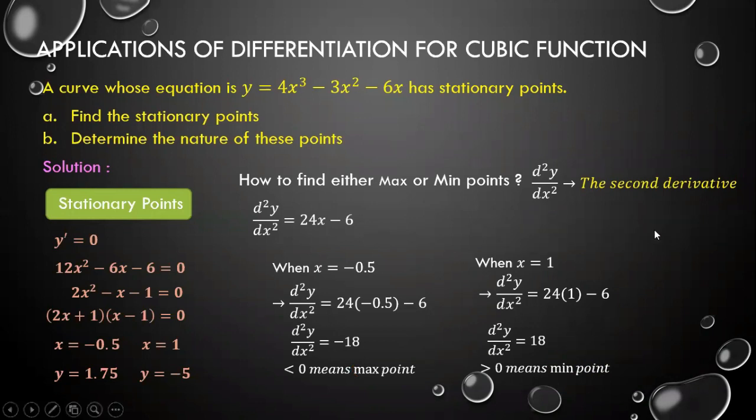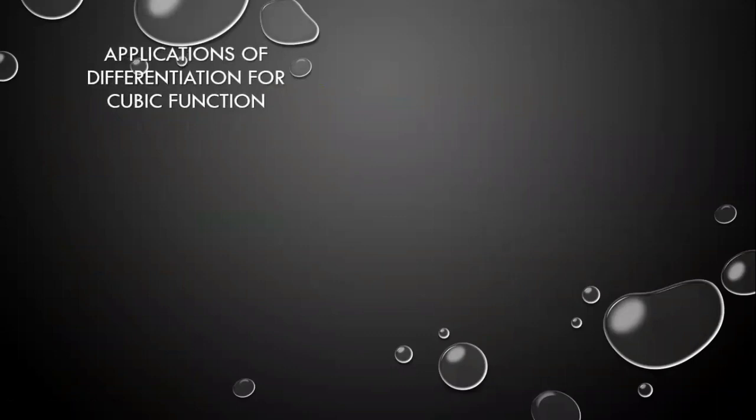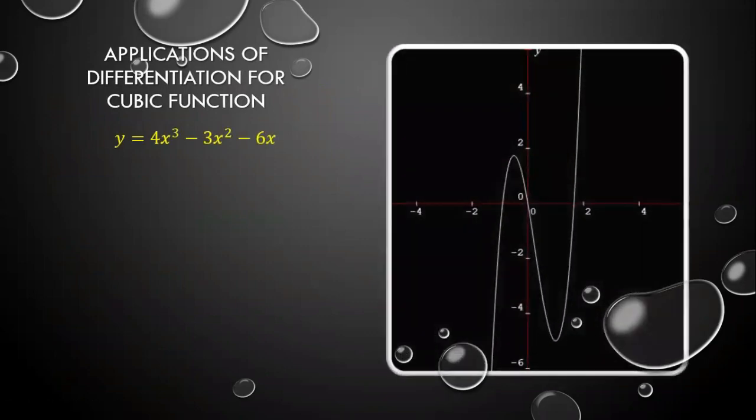Okay, so let's go. The application of differentiation for the cubic function. All the summary we can find on this sketch of the graph. Look at this graph. y equals 4x cubed minus 3x squared minus 6x.